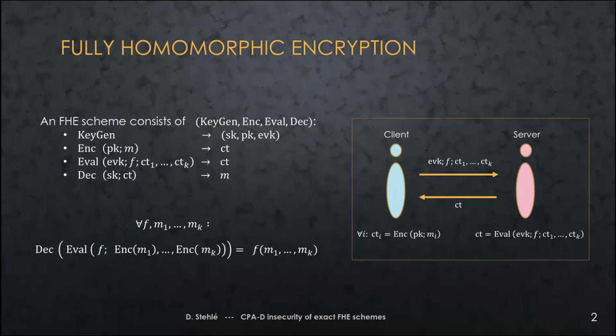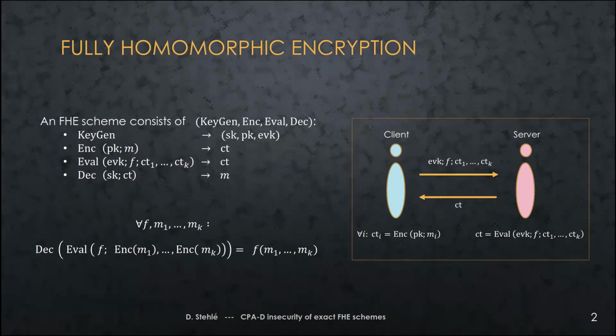So Eval allows you to evaluate a function on the plaintext underlying some given ciphertext, without decrypting the ciphertext. So here I give the correctness equation, but I think it's clearer with a picture.